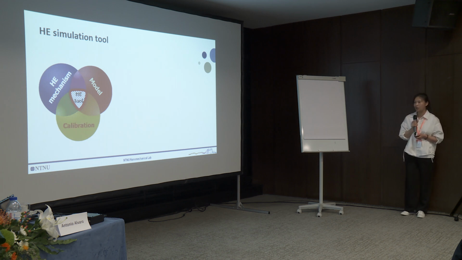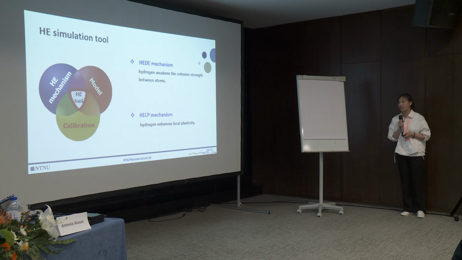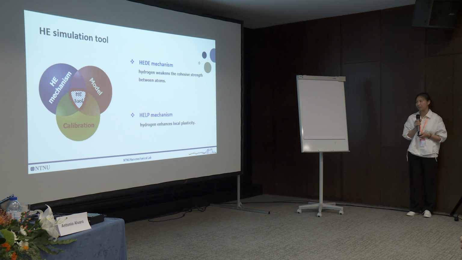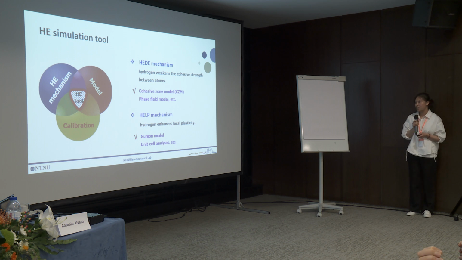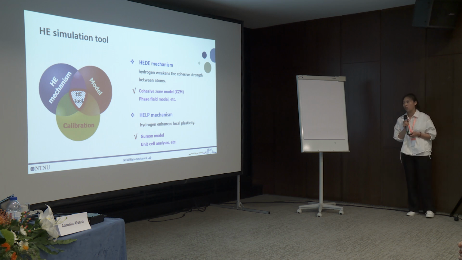As for the hydrogen embrittlement mechanisms, two of them are widely used: the HEDE mechanism and the HELP mechanism. Based on the HEDE mechanism, the cohesive zone model and the phase field model are extensively studied, while to describe the hydrogen influence on plasticity, the Gurson model and unit cell analysis can be adopted. Then I will go into the cohesive zone model and the Gurson model.